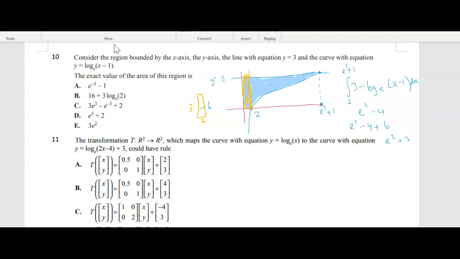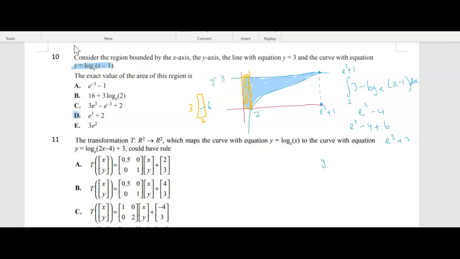Now, when I looked at the solution for this, they did do the inverse, the same way that we did one of the previous questions. So you could take the inverse of your log equation, and then you got an exponential, and then your graph would go from 0 to 3. So taking the inverse, I might just quickly do it now.